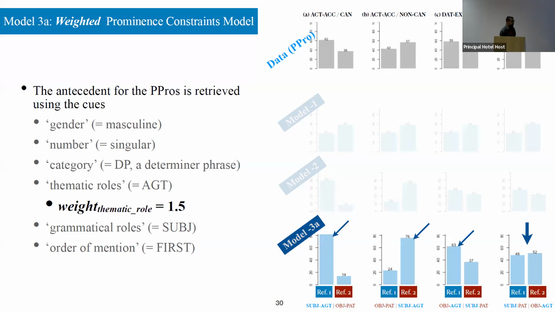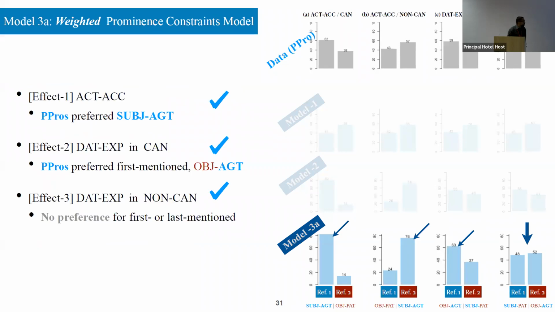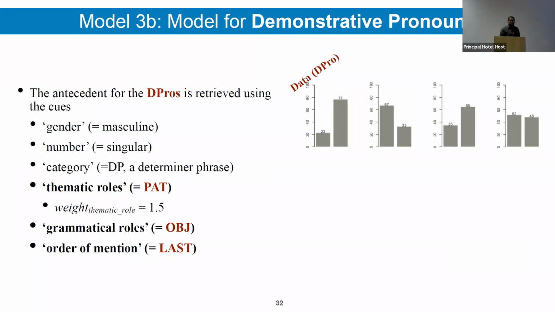Okay, so now we are able to capture also effect 3 for dative experiencer verbs in non-canonical word order. All right, now we use the same model, model 3, that we used for personal pronouns, and we just give the complementary values for the prominence cue. So instead of agent, it's patient, the grammatical role is object, and the order of mention is the last mention.